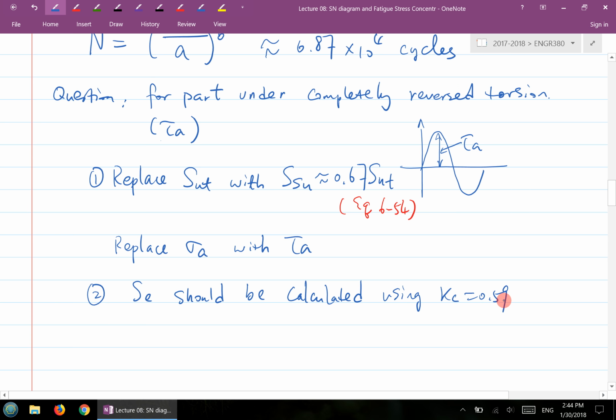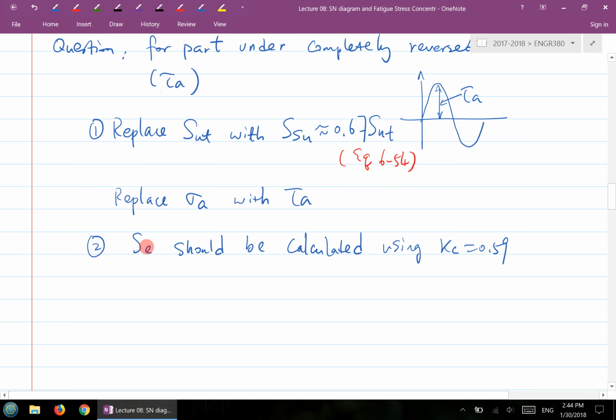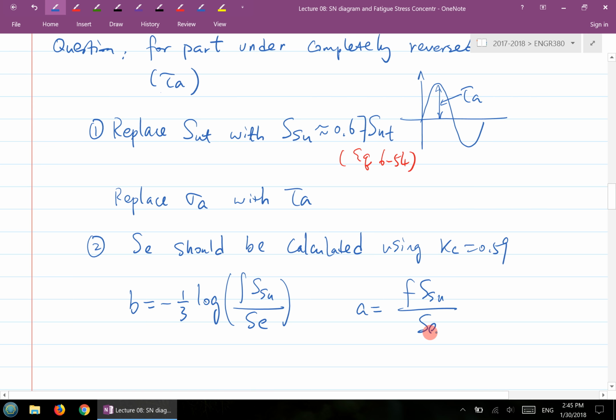So after this calculation or replacement, then you can calculate your B value and your A value using this formula now. So here's B equal to F SSU divided by SE, and A equal to F SSU divided by SE, and here the top is squared.